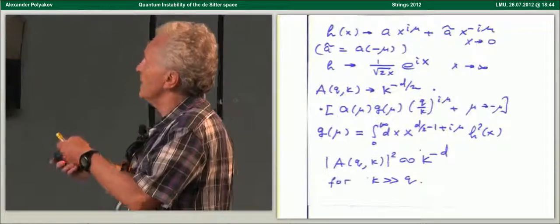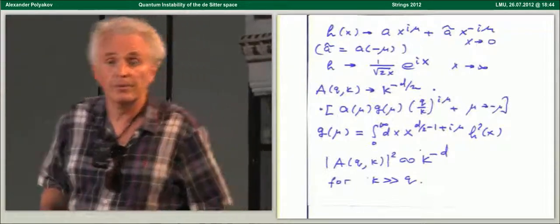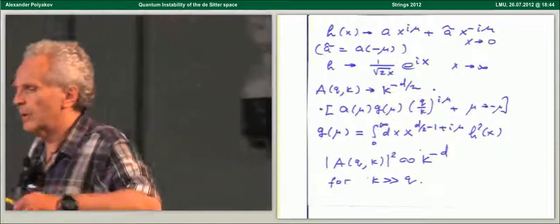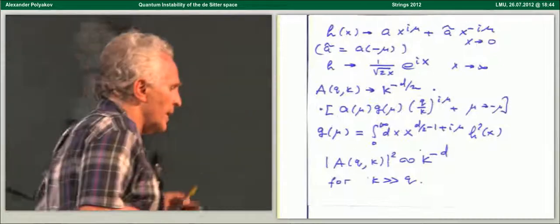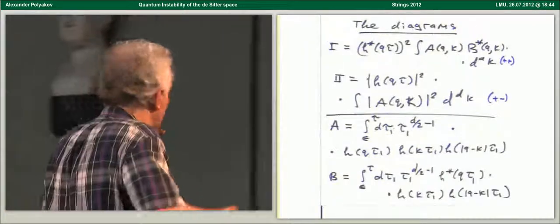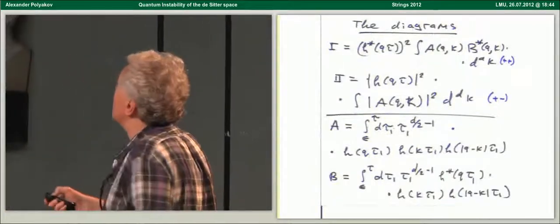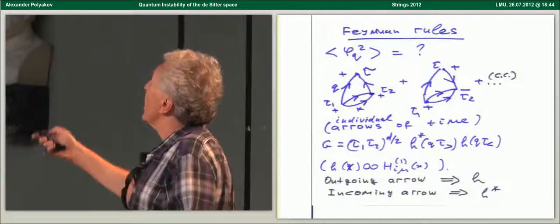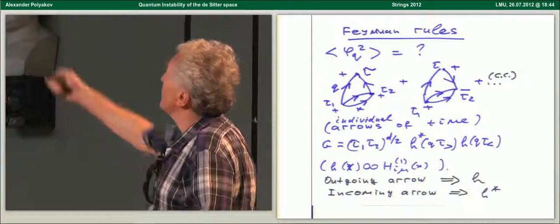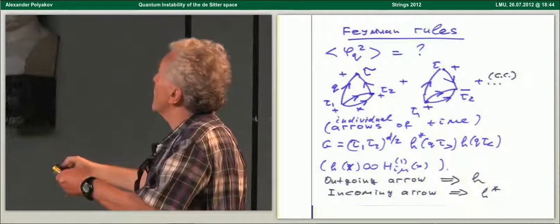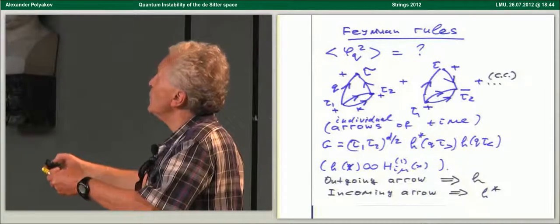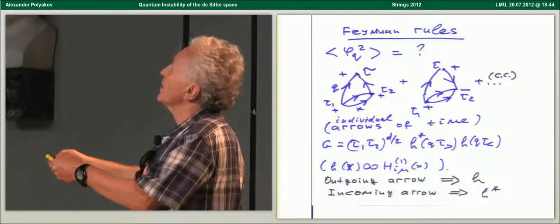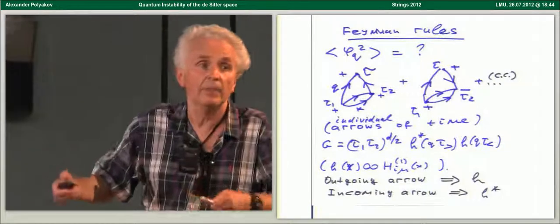The key point is that you get a logarithmic divergence. It's a consequence of symmetry, and it can be explained that there are two diagrams here, plus complex conjugate, and each diagram can be easily expressed in terms of the modes. It's a very simple calculation.